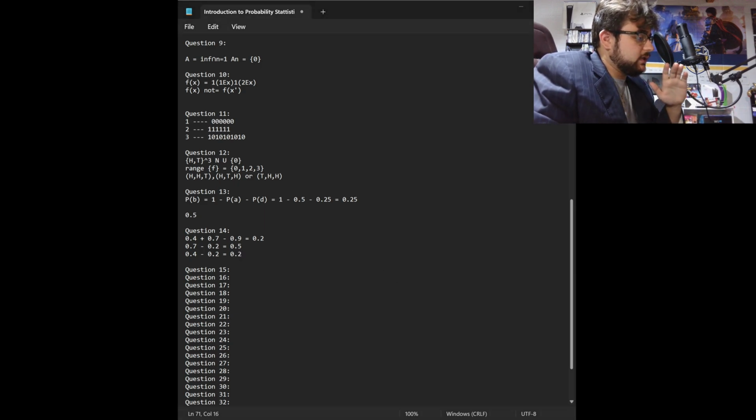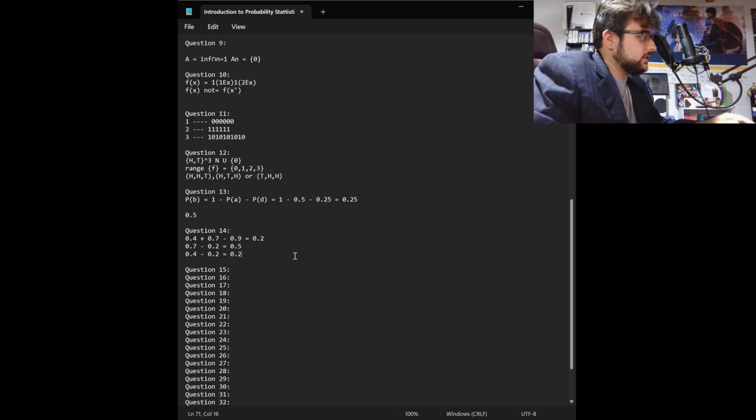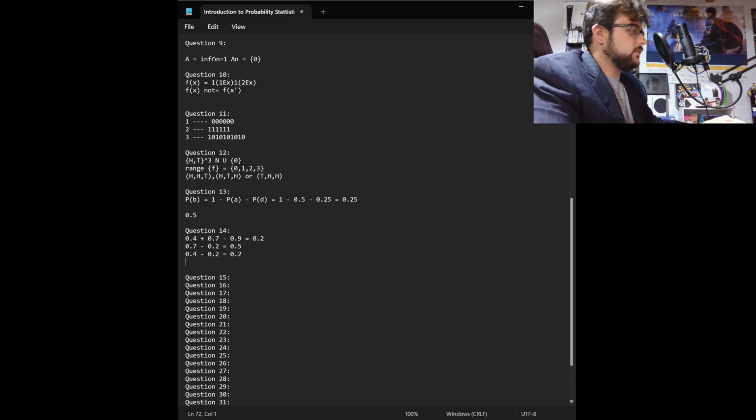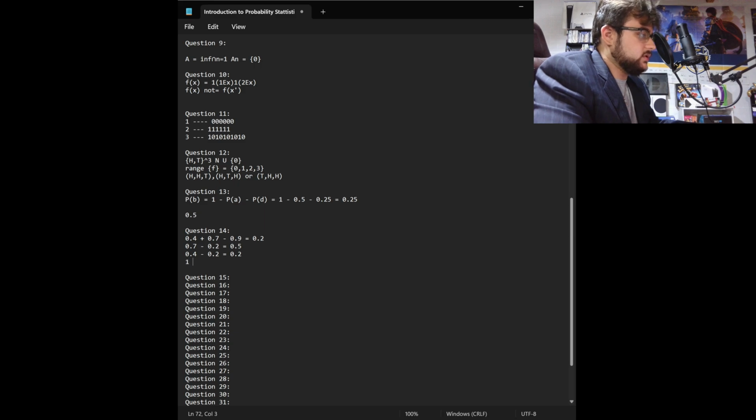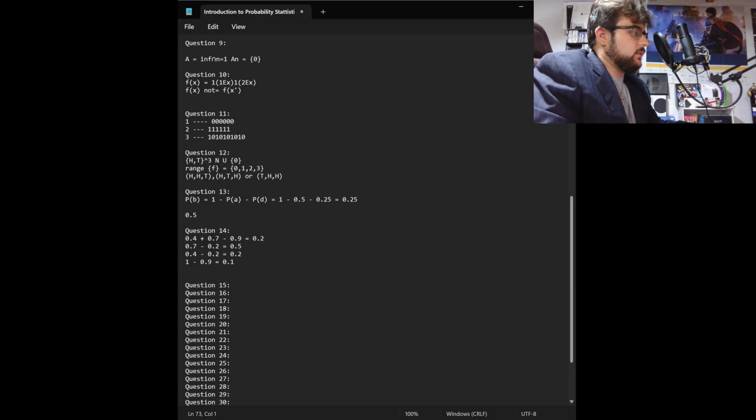Now, we're going to get into some of the harder ones here. I recommend drawing a Venn diagram for this one, but you can just do 1 minus 0.9 equals 0.1. And remember, S is the universal set.